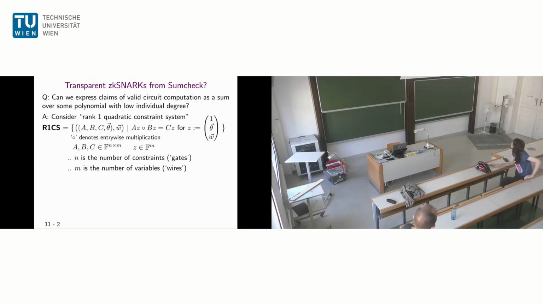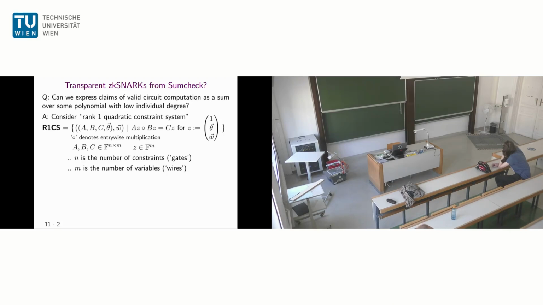And you have some vector z. And this z vector is a concatenation of the statement and the witness and the one element. And the statement is in the language if there exists w, which is then part of z, such that this equation holds. You've seen this in the exercise.